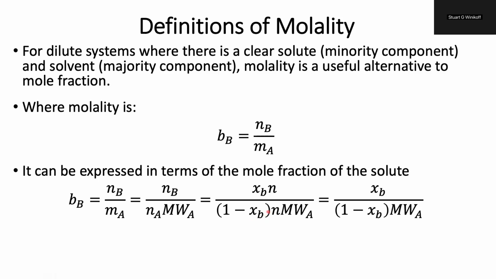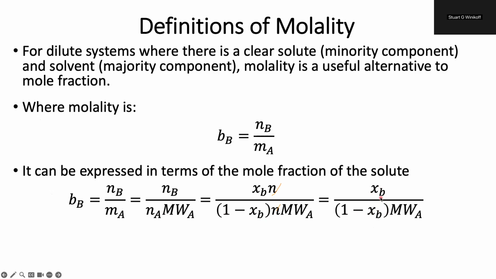Now, here we get pretty lucky because notice the total moles cancel out. So thus I'm left with a simpler expression of the ratio of mole fraction of the solute over 1 minus the mole fraction of the solute times the molecular weight of the solvent.